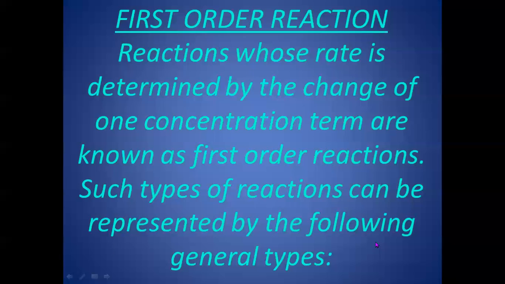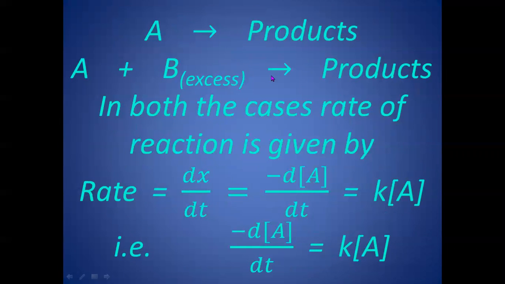There are two different ways to express or to write a general equation for a first order reaction. It may be either A forming product, or A and B forming product, but one of the reactants is taken in excess.